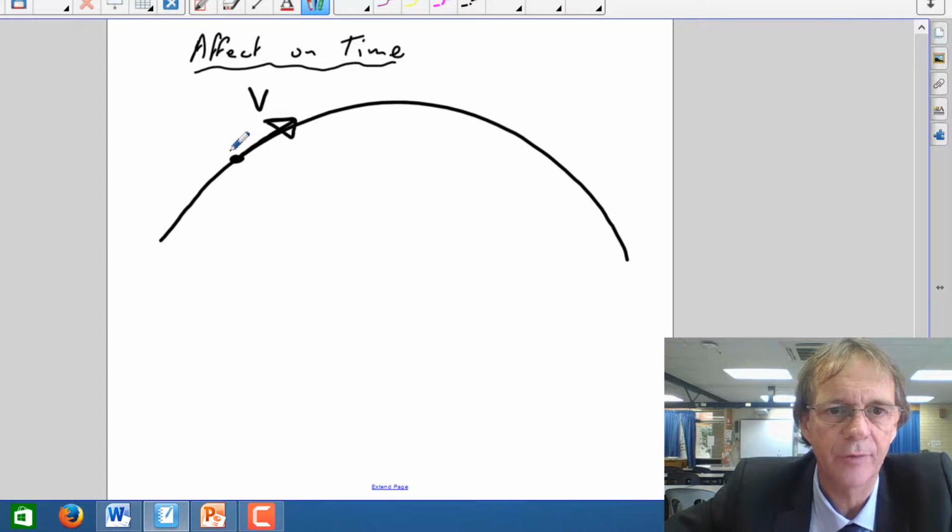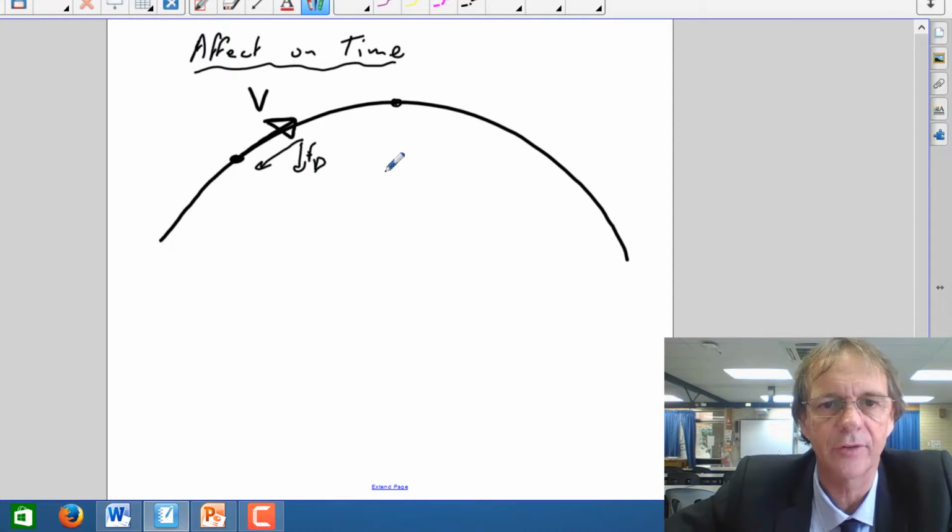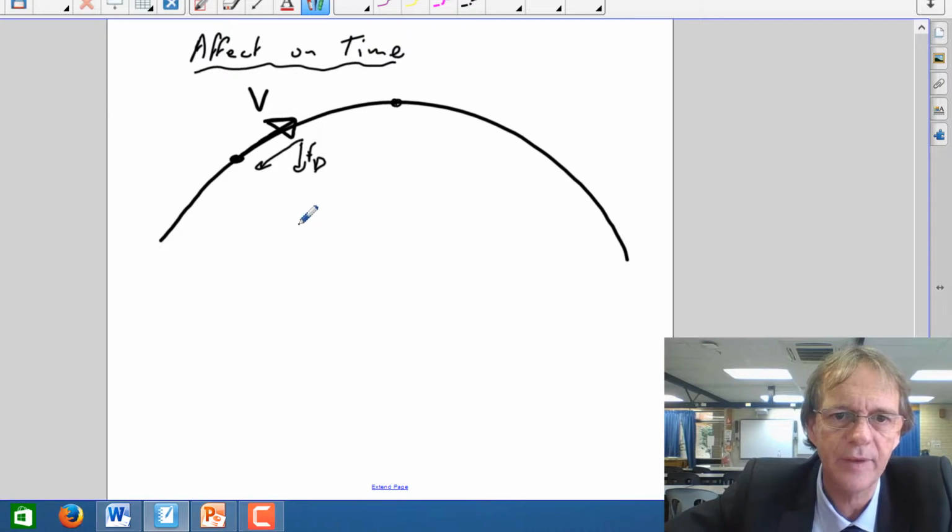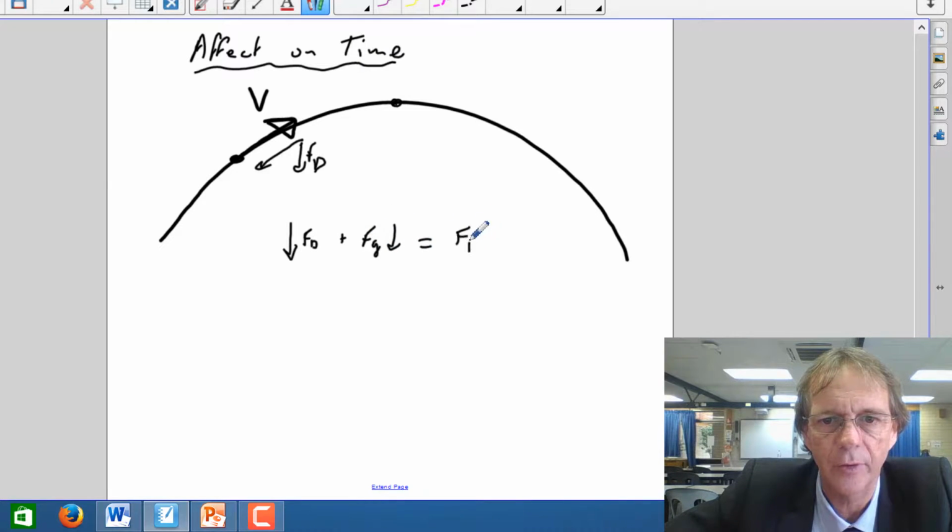What effect will drag have on the time then? Well, if you can picture that the drag is going this way and it has a drag component in the vertical direction, so you've got a force of drag acting down, what will that do to the time it takes to get to the top? Well, now you've got a drag component of force which is acting downwards in addition to the force of gravity acting downwards. So the overall force going downwards as a total is now bigger.